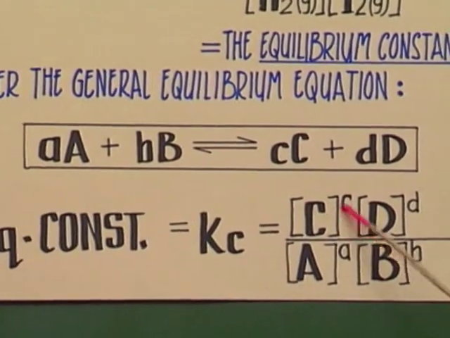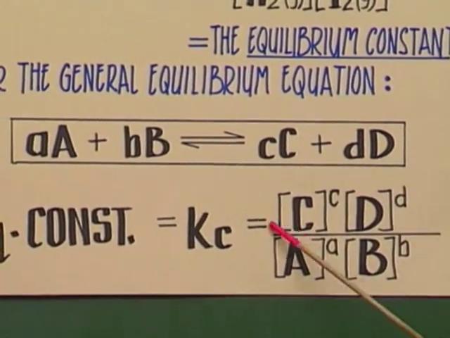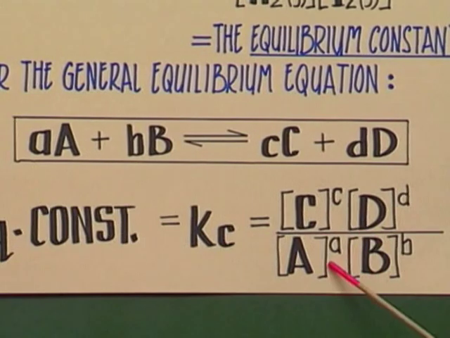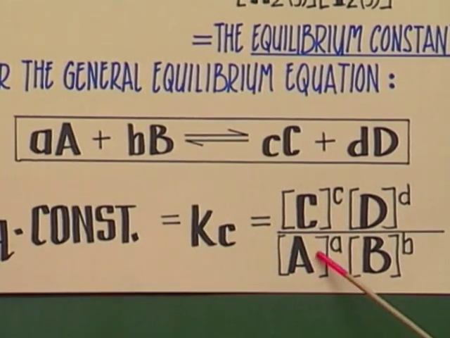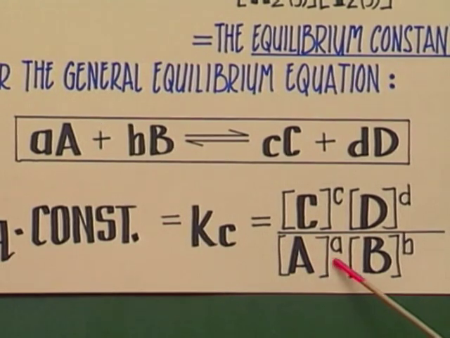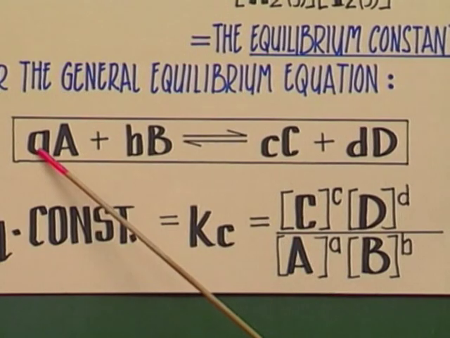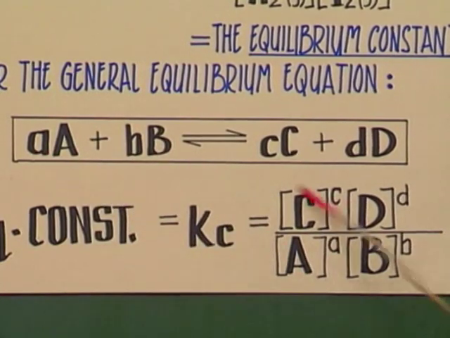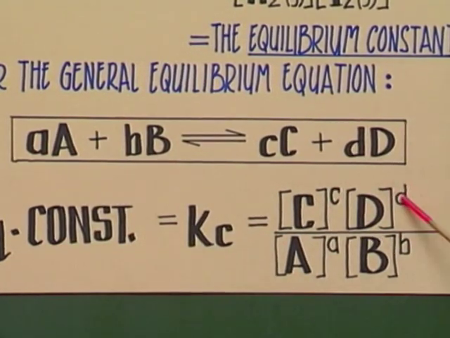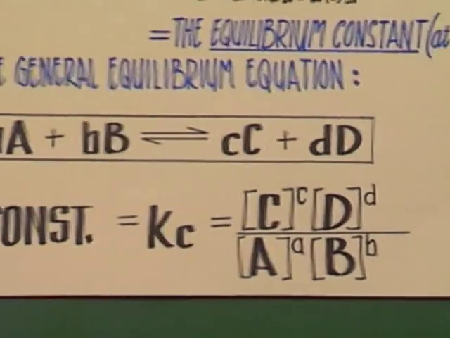The product of the concentrations of the products C and D divided by the product of the concentrations of the reactants, each expressed in mole per decimeter cubed, and raised to the power equal to the coefficient in the balanced equation, a and b, c, d, will give us a constant, Kc, which is called the equilibrium constant.